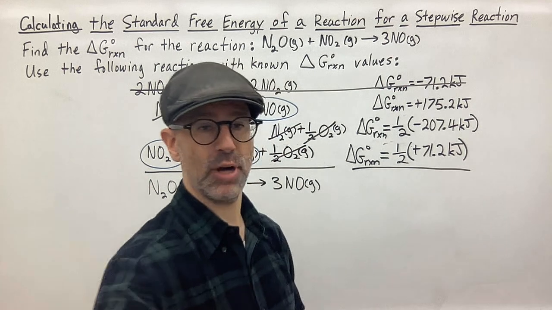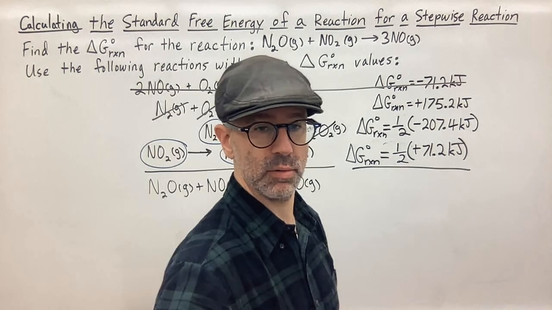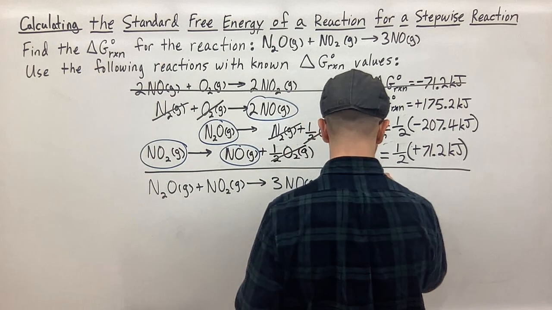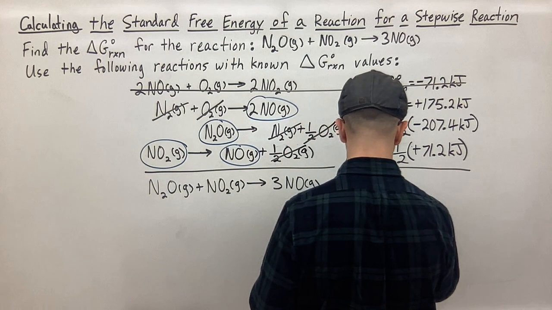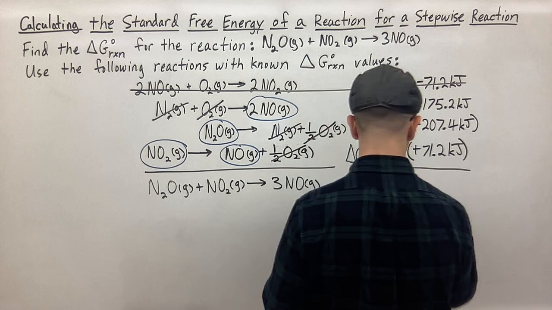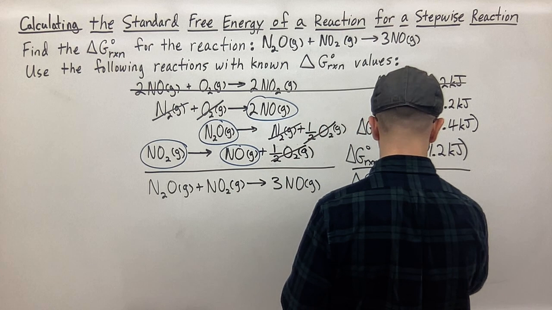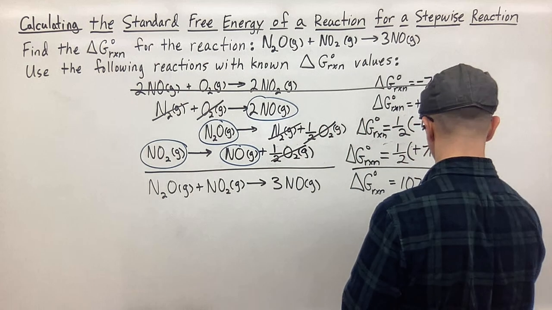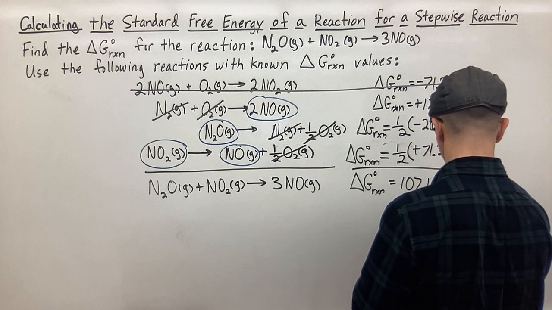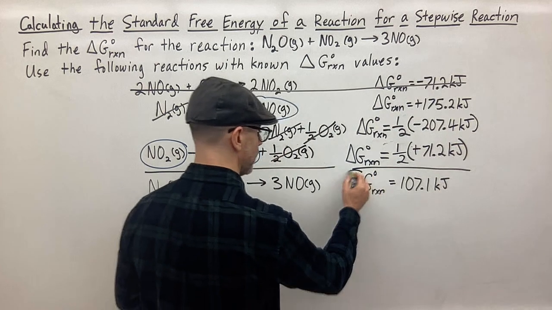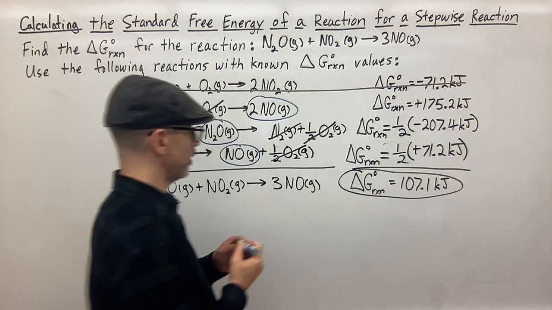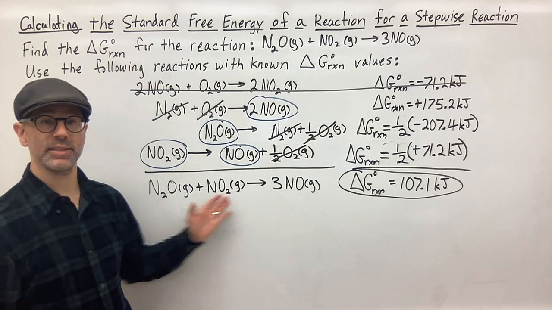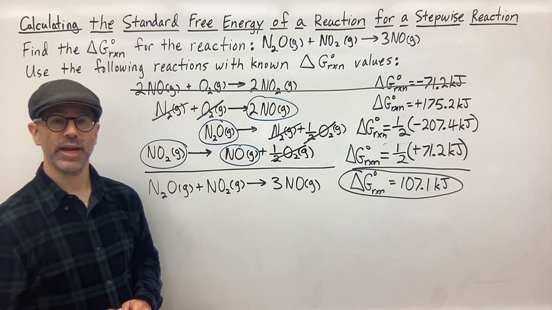Let me double check. I get delta G for this reaction is equal to 107.1 kilojoules. So that is the resulting free energy change of this reaction. Again, it's positive, so you know that this is not a spontaneous reaction.